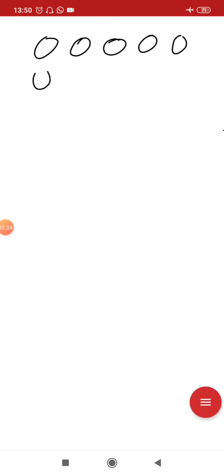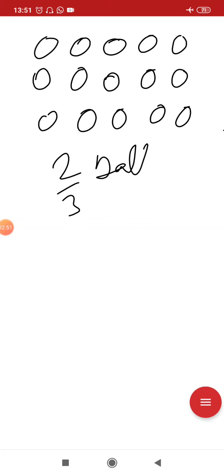Now say there are 15 balls with you. Out of those 15 balls, 2/3 of the balls are red.